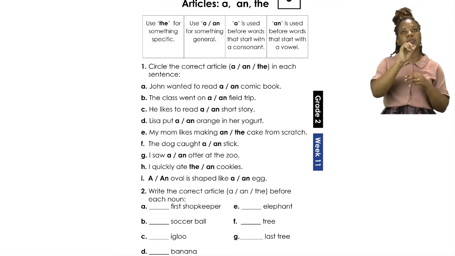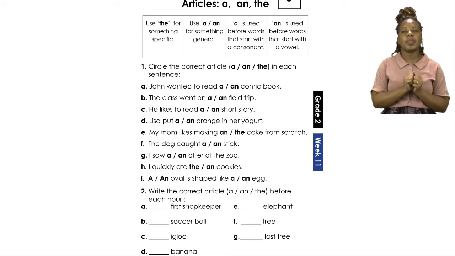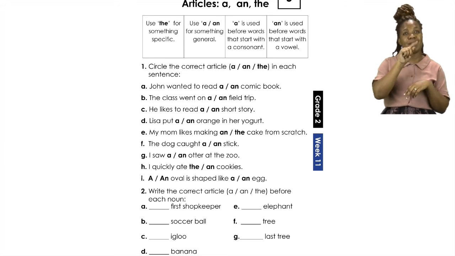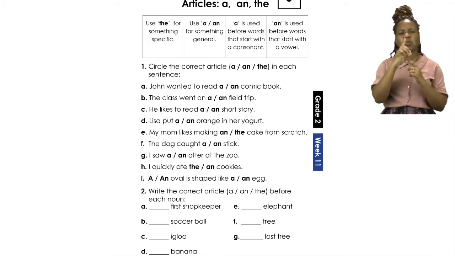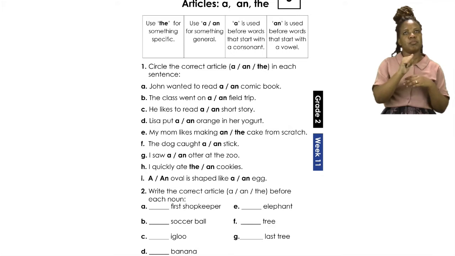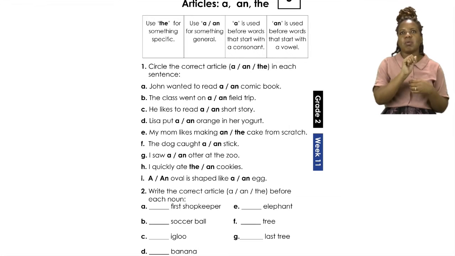When we use the, it is for something that is very specific. We can even say that thing is the only one. The apple, the door. And then when we use a or an, we are talking about things in general. It can be many things, but we're talking about a. When we use a, we are using it before words that start with a consonant.